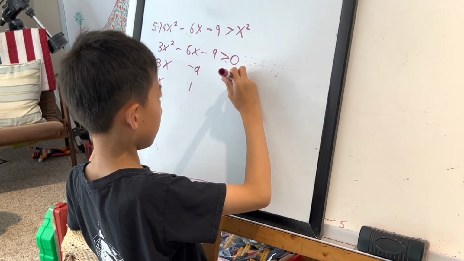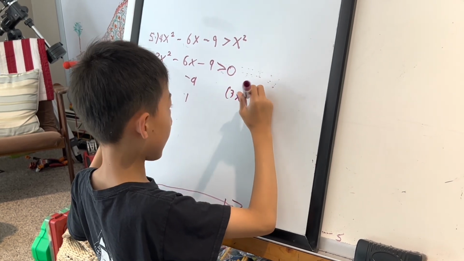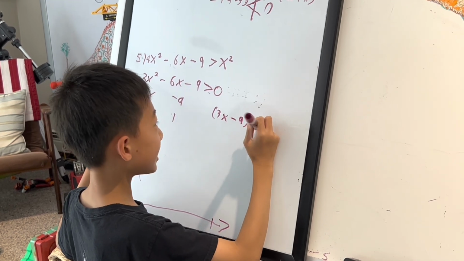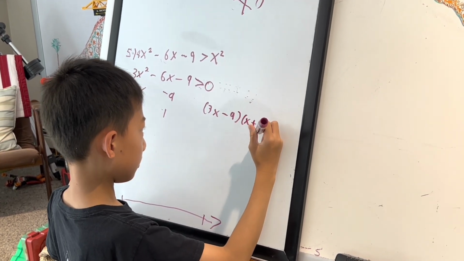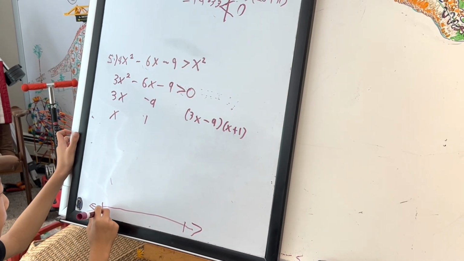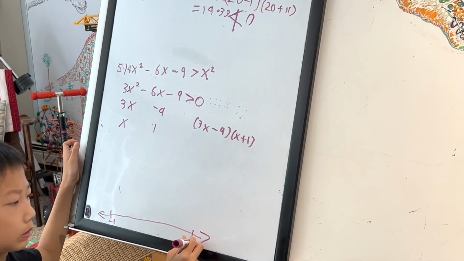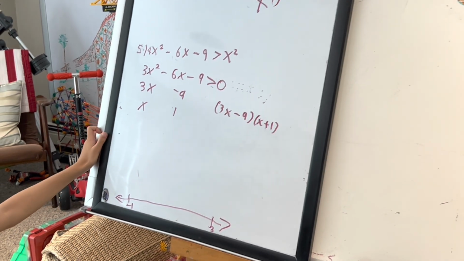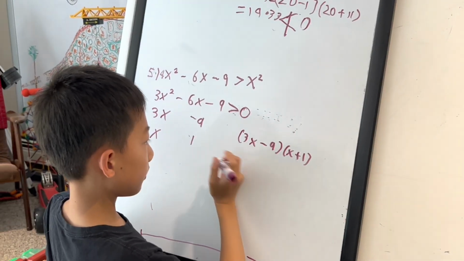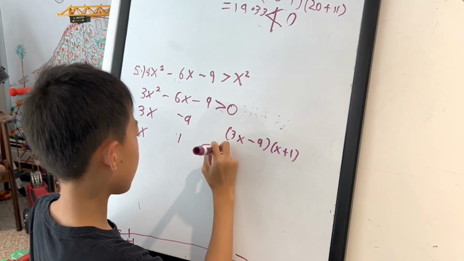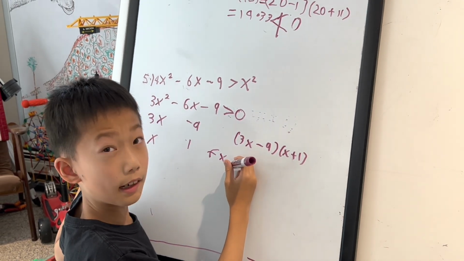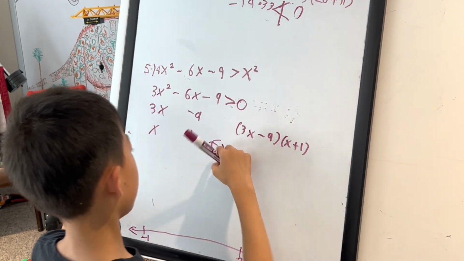So now we're going to do 3x minus 9 and x plus 1. That means 3 and negative 1. We did this before. And now I'm going to do f(x). First something between. I'm going to try negative 1 to positive.